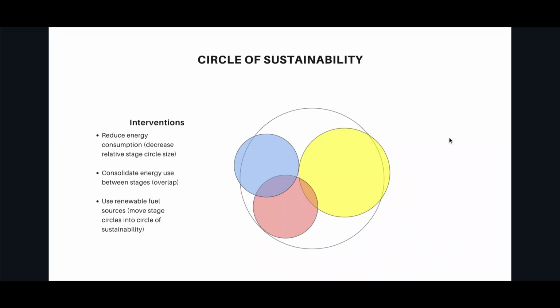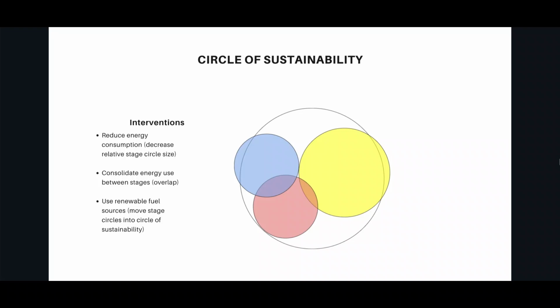And even though they each have their own fuel source potentially, we're looking at the larger life cycle to understand how we can reduce energy to meet renewable energy and sustainability goals.